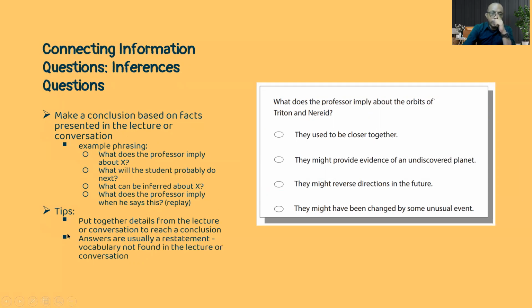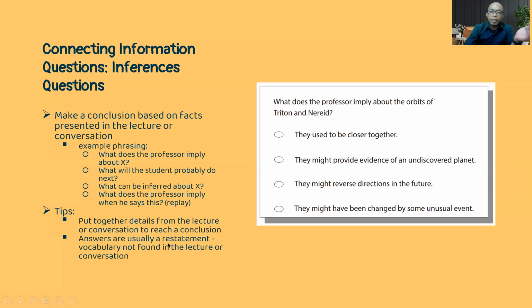And then the tip for this is that you need to put together the information from the lecture or conversation to reach a conclusion. Okay, so again, make a conclusion based on the information from the listening. And keep in mind that it's always a restatement, okay? Restatement or paraphrase or synonyms.